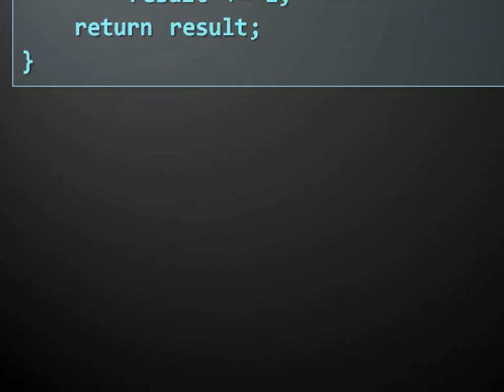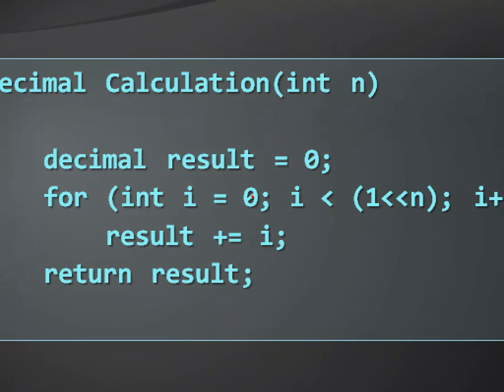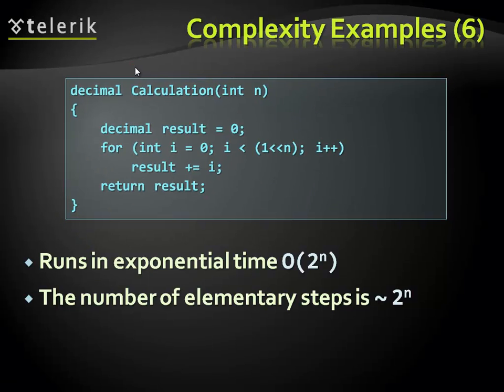Okay, some other calculation stuff. This thing, can you guess how fast it grows? Is it exponential? Yeah, that's exponential, because we do something with this n, and we use it as a power. This means shift 1 n positions, which means multiply it by 2 at the power of n. And 2 at the power of n, as we said, is something which screws you up.